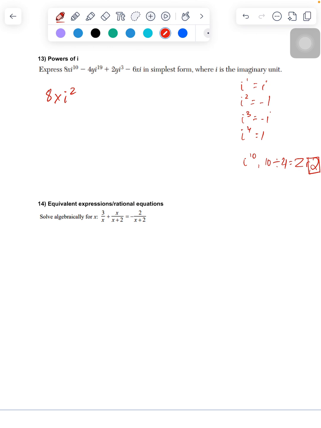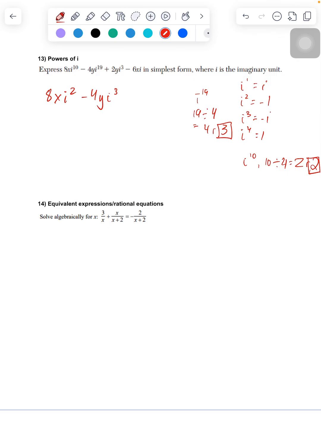So minus i to the 19th, 19 divided by 4 is 4 with a remainder of 3. So remember, all I care about is the remainder after I divide by 4. So minus 4y i to the 3rd.